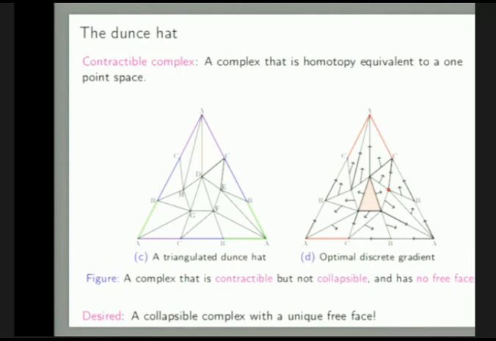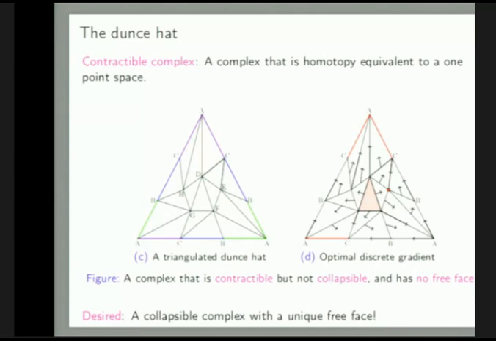The dunce hat is a complex where first you do exactly what you did before: you identify this edge to this edge, as indicated by the colors. So you first make a cone out of this, and once you make a cone, you identify this purple to this. These two purple will already be identified, and that will be identified to this, the blue to this, and the green to this.